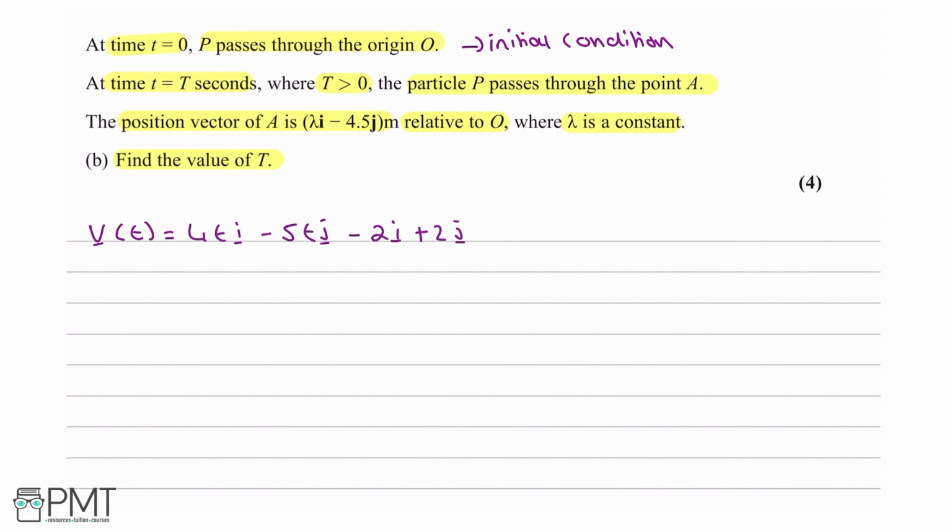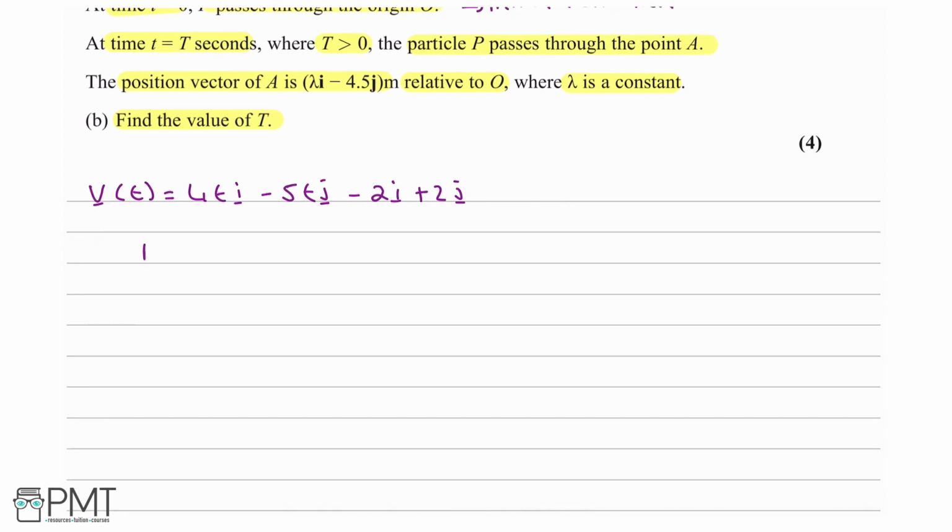We have been told to look for the position vector. So what we need to do is use the fact that our position vector r equals the integral of our velocity with respect to time. So r equals the integral of 4ti minus 5tj minus 2i plus 2j with respect to time.